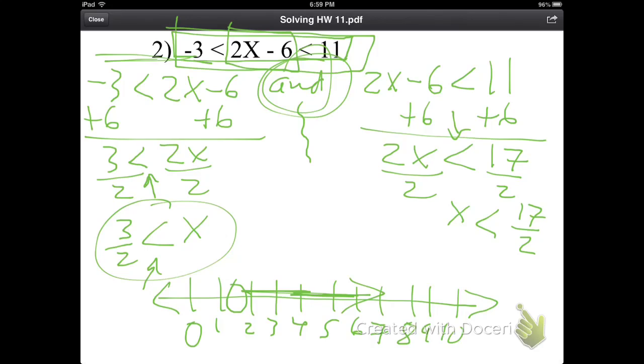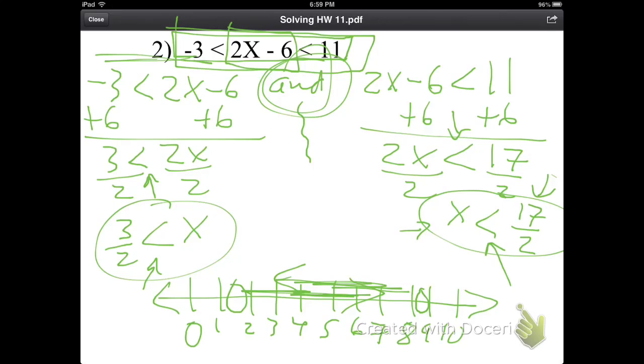Okay, and I'm going to graph my right one. 17 halves is 8.5. So I need to put an open circle there. I'm not going to fill it in because there's no line there. And I need to shade left because this says x is less than 17 halves.